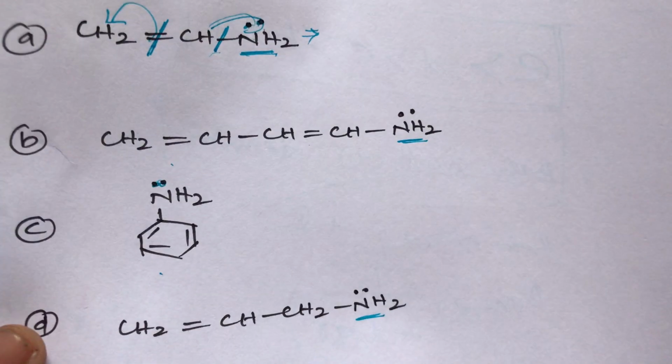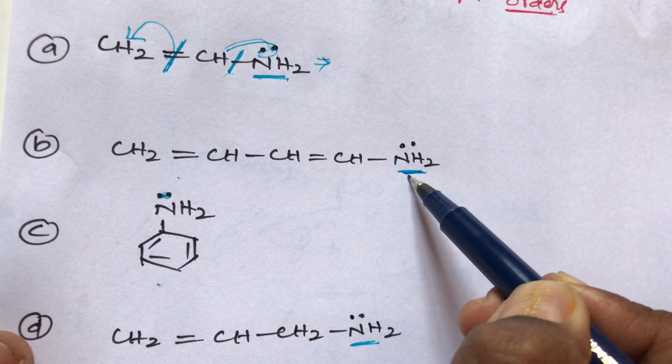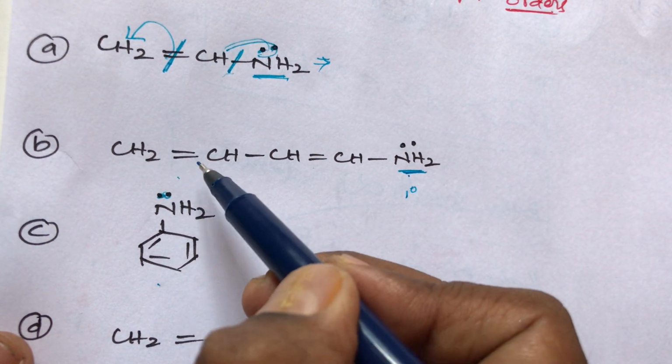And what about the B compound? This B compound also has nitrogen with one lone pair, and it also belongs to primary amines. So what about the conjugation?